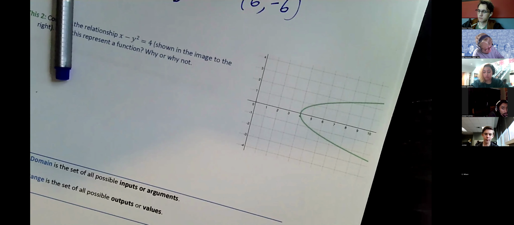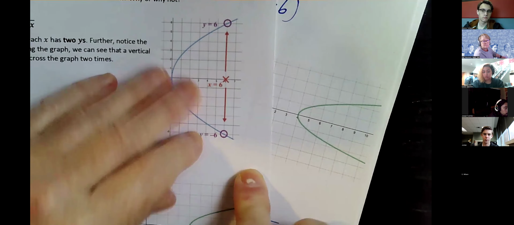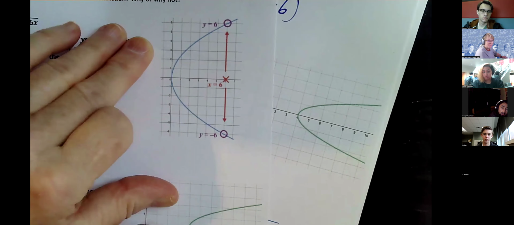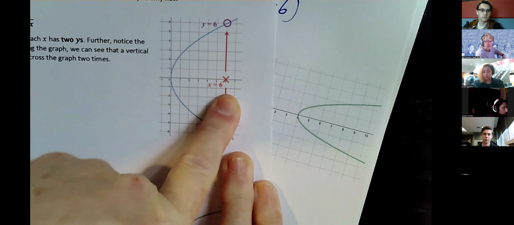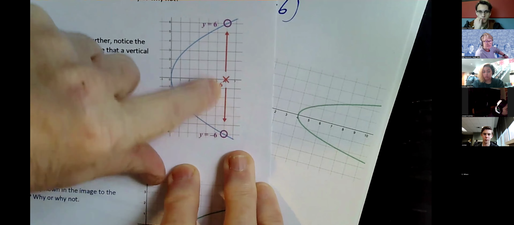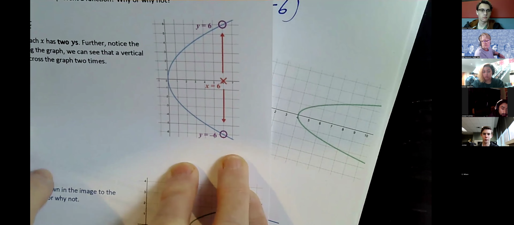And I printed out just a piece of this graph. This is in the solutions. But you can see that when x is 6, we're going to get 2 different y's.